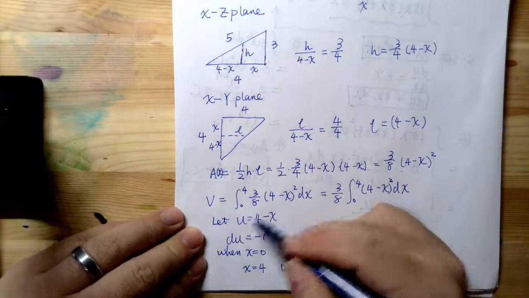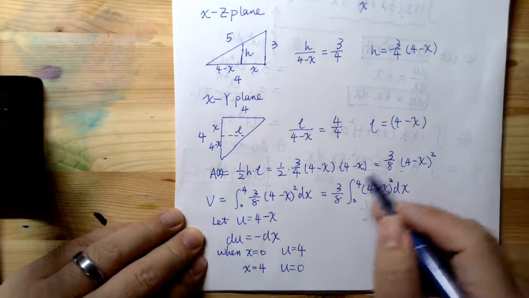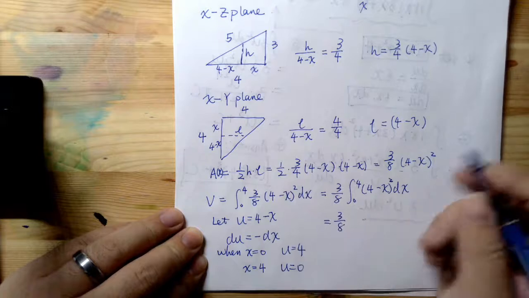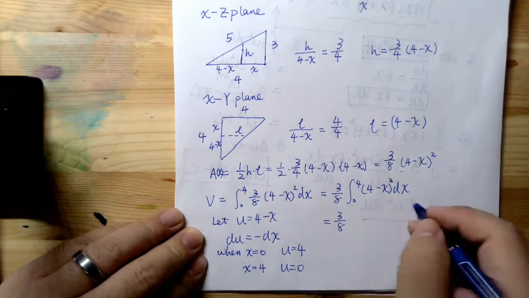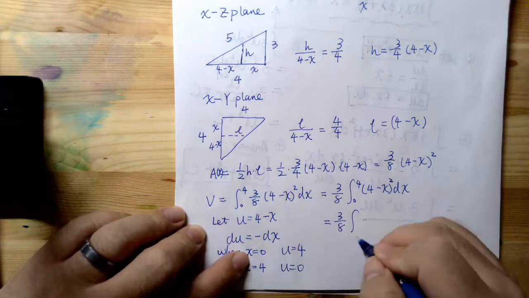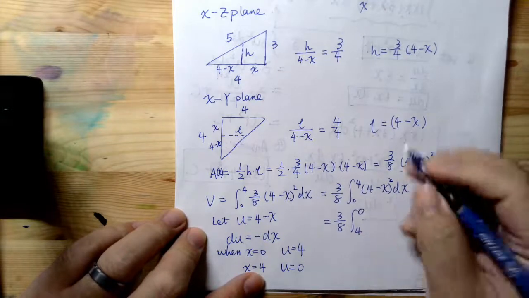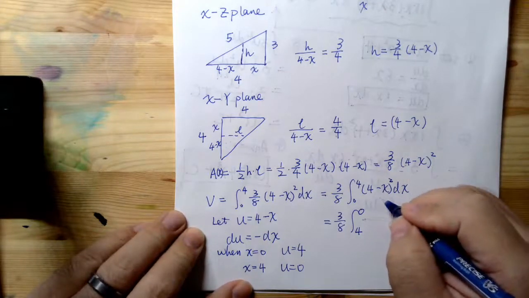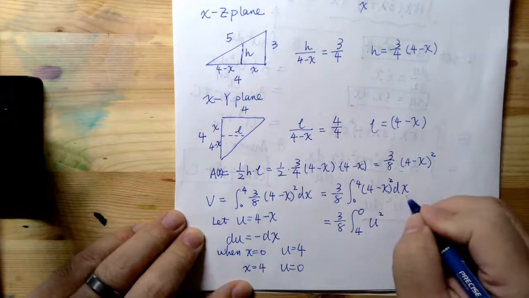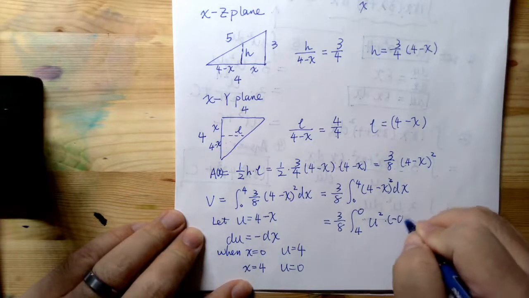So with all of this, we can transform our integral: 3 over 8 is still a constant and nothing to do with that. Remember, when x equals 0, the corresponding u is 4. When x is 4, u is 0. So from 4 to 0, this is u squared, and dx is going to be negative du.